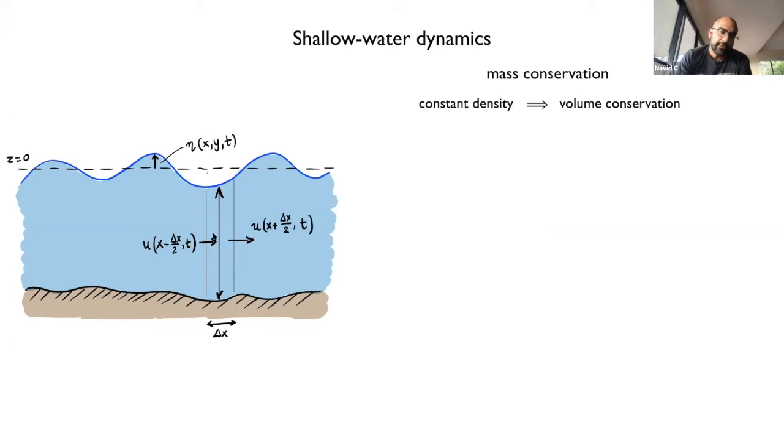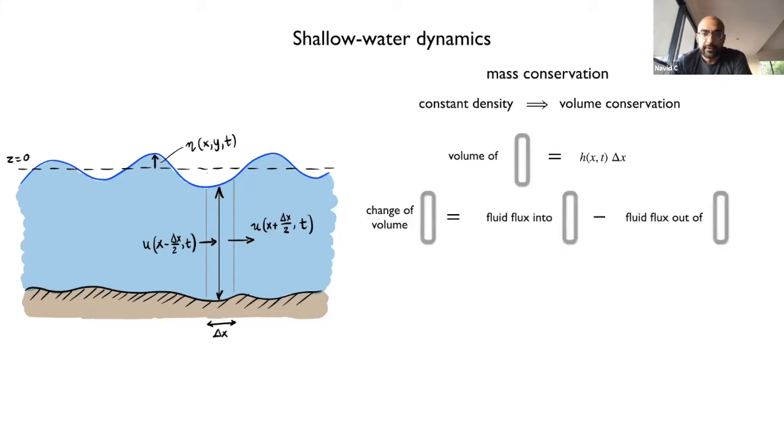So as this fluid is moving and this free surface is oscillating or doing whatever it wants, the volume of this small rectangle has to be conserved. So how can the volume of this fluid change? It can change because the height of this rectangle can vary in time. To a good approximation, the volume is just the height times this horizontal distance delta x.